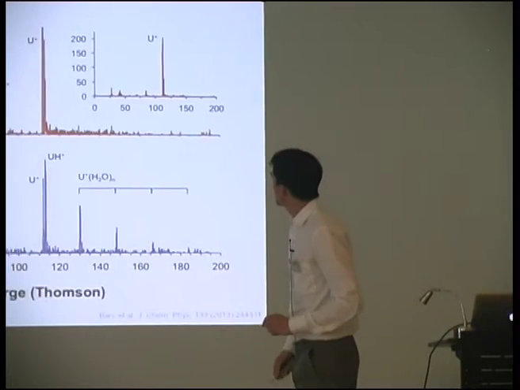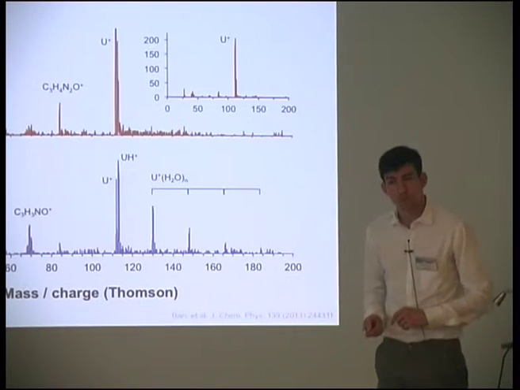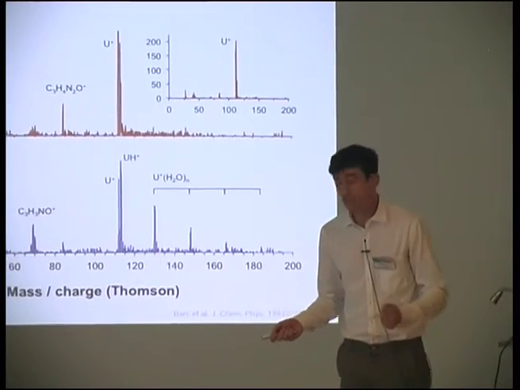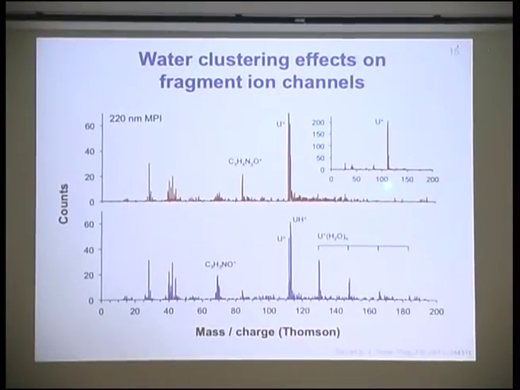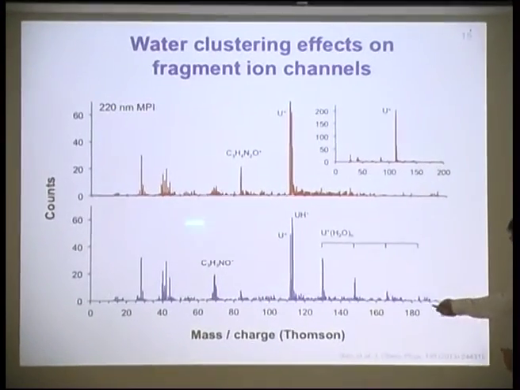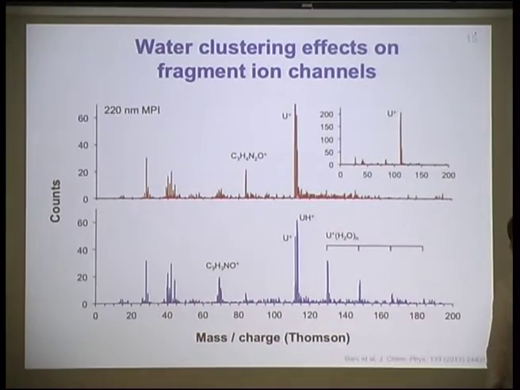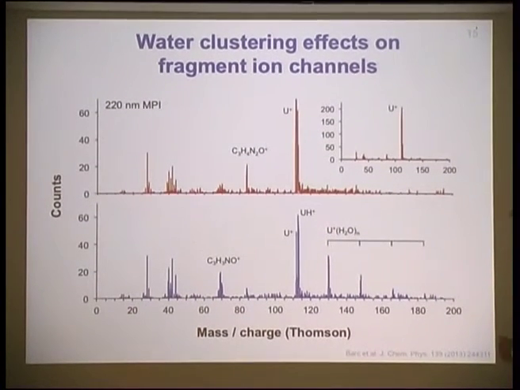So the next question is, well, okay, how is this affected when we produce our hydrated clusters? And so here we've got a mass spectrum shown in red for isolated molecules, and in exactly the same conditions, but in the presence of water and with the formation of uracil water clusters, here in blue.